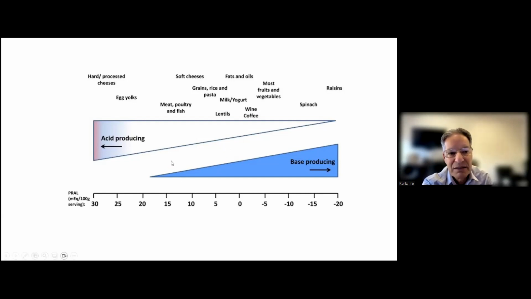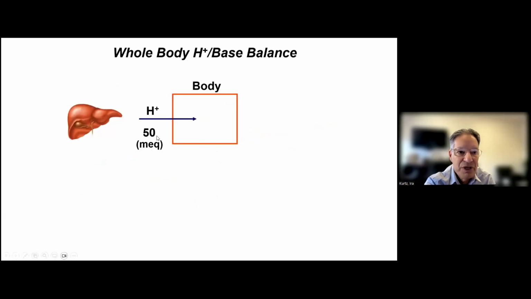their intake. And on a typical North American diet, we tend to have a proton load. And if you can't get rid of the protons or generate sufficient new bicarbonate, you tend to eat up your bones. There's all sorts of articles on the significance of a diet that produces net protons. So just to think about this schematically, on a typical North American diet, your liver is making this proton load.